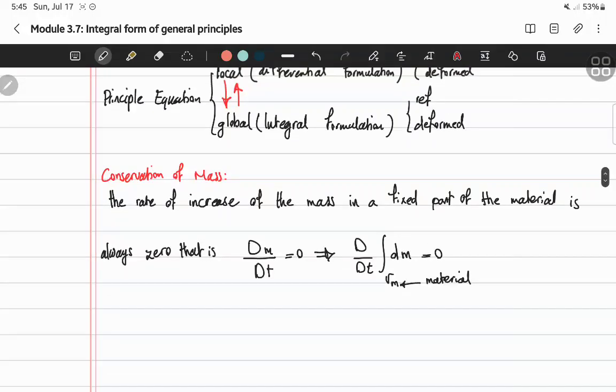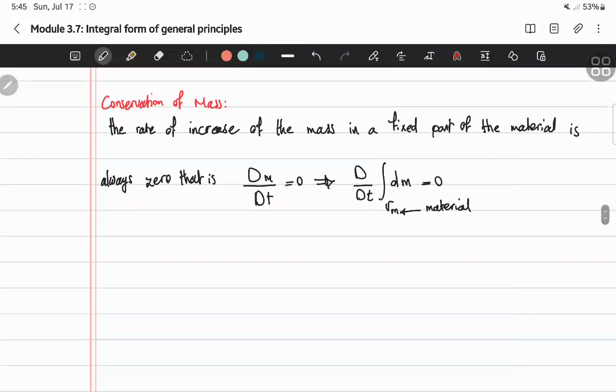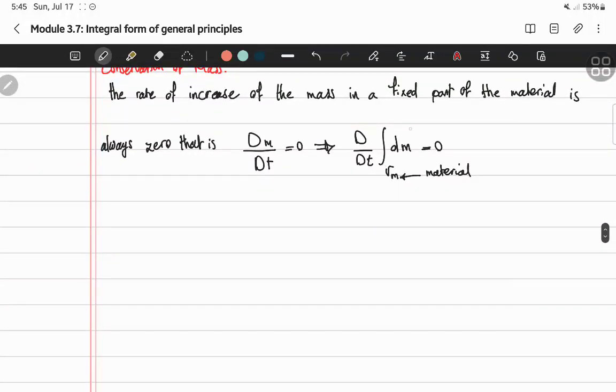Since we are discussing the global or the integral formulation, we integrate over the whole domain, which is Vm, or the volume of the material. Instead of dm, we write rho dv, so D Dt of the integral of rho dv is equal to 0 over Vm.